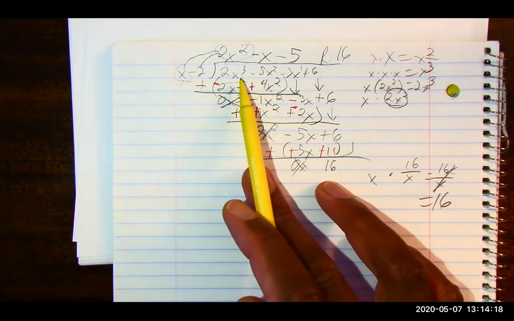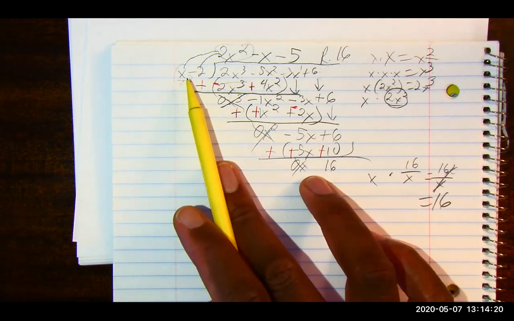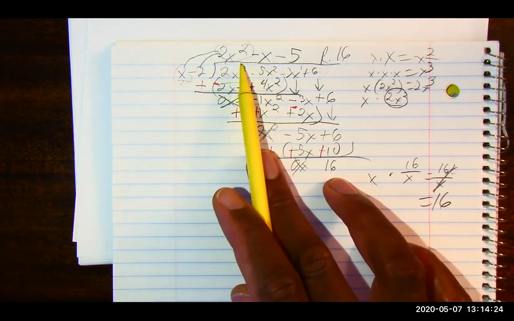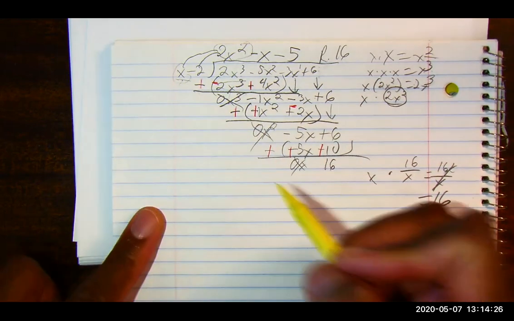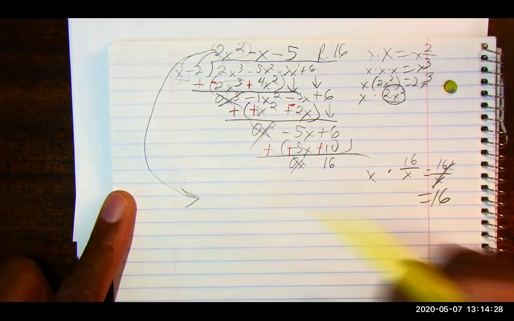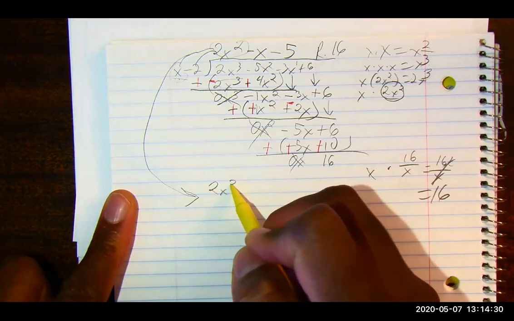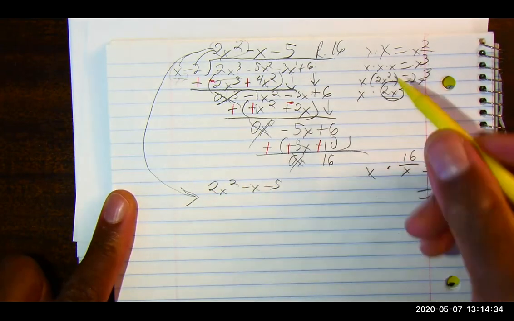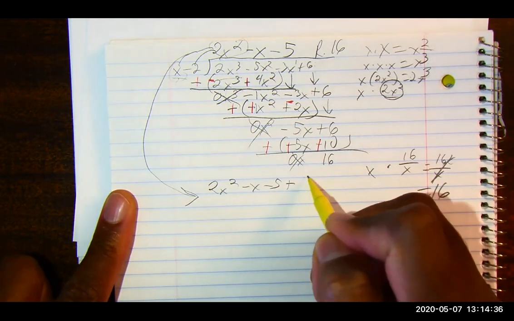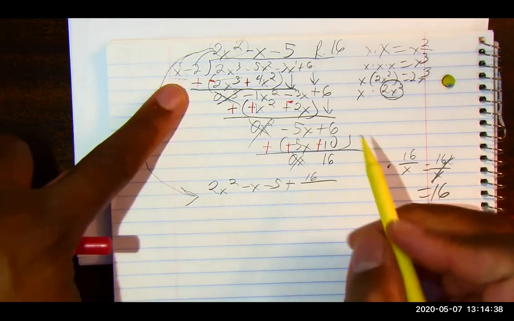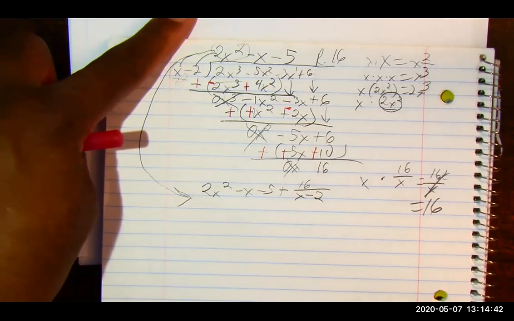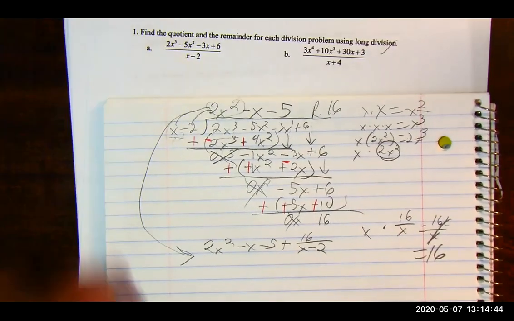So if I'm dividing a cubic by a linear function, degree 1, it drops a degree to a squared function. And that's how it is. Another way to write this function is 2x squared minus x minus 5, because 16 is positive, plus 16 divided by this x minus 2, because we're still dividing, just like in the original.